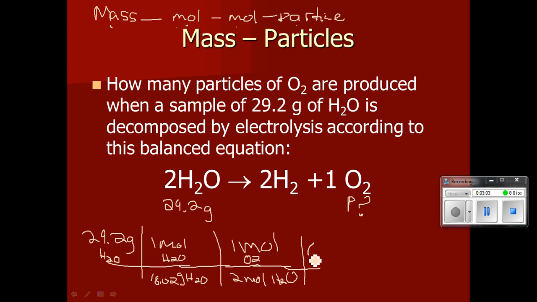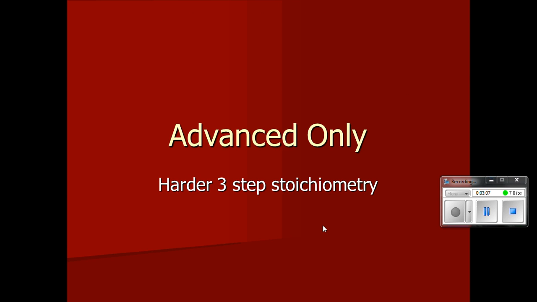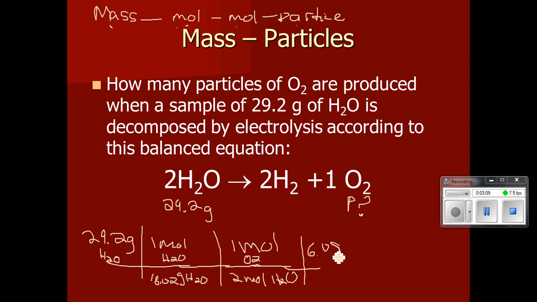So now I'm going to put 6.02 times 10 to the 23rd on the top, and that's of O2. And then we're going to put 1 mole of O2 on the bottom, and then our equal sign.